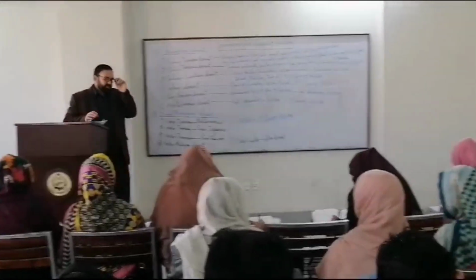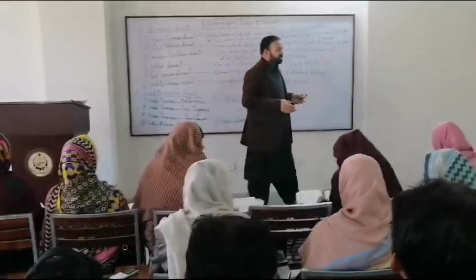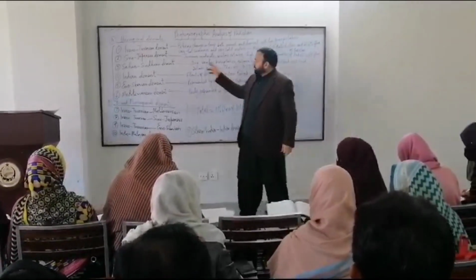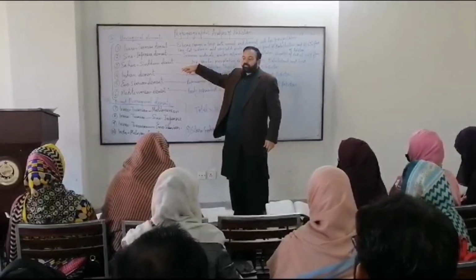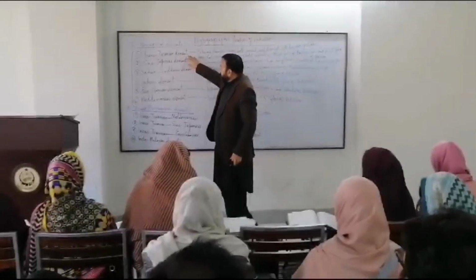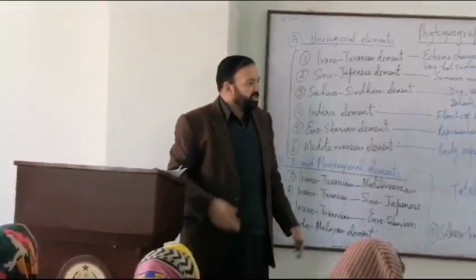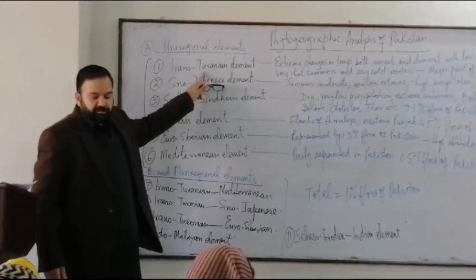So there are some species which are the indicator species. Indicator means those species are found only in this particular region. Every phytogeographic region has some indicator species, and these species I mentioned are distributed only in this Irano-Turanian region.